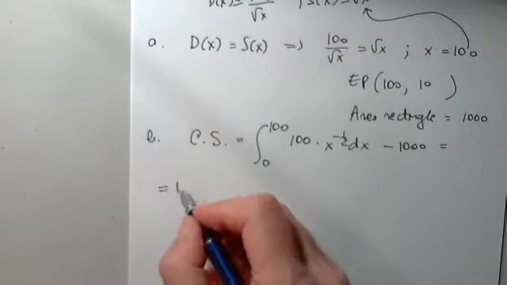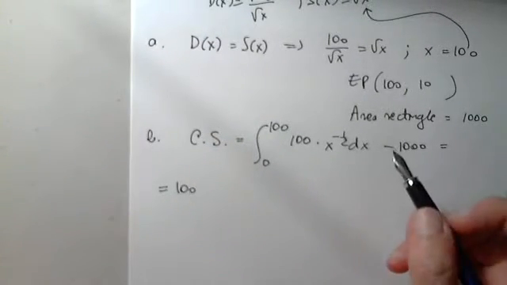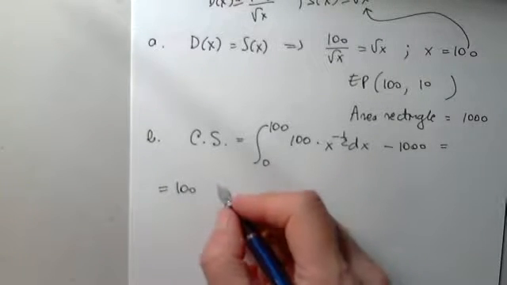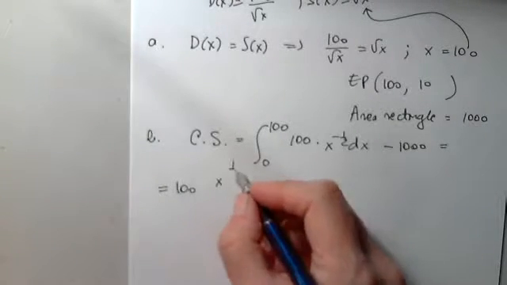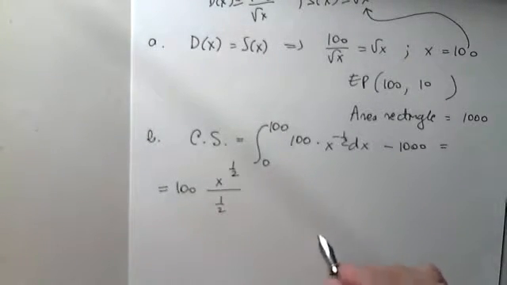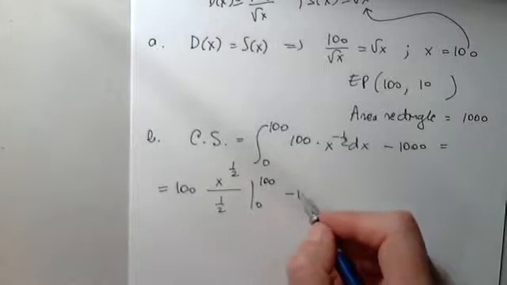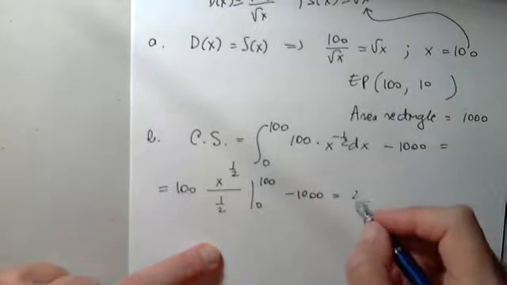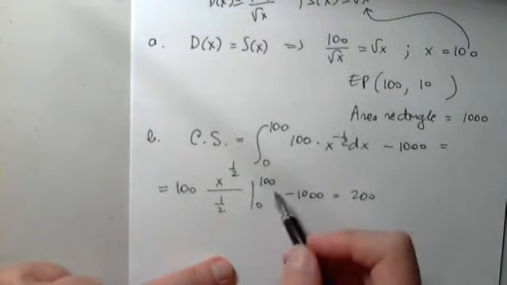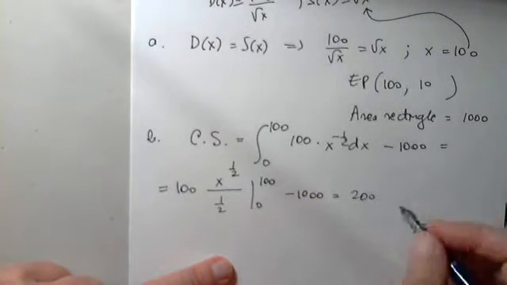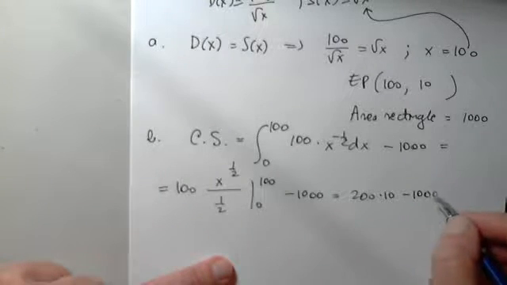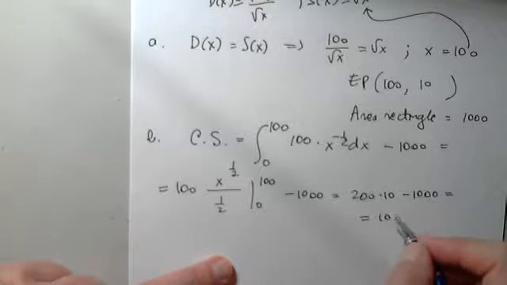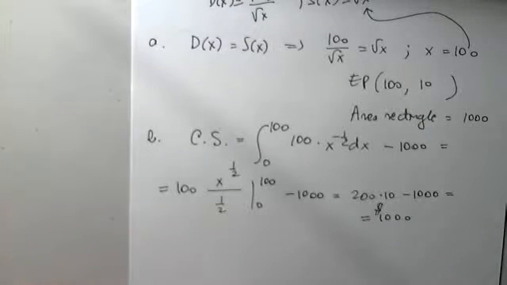So this will be 100 times x to the negative 1/2 plus 1, which is x to the 1/2, over 1/2, from 0 to 100, and minus 1,000. I have to flip 1/2, so this is 200 times the square root of 100, which is 10, minus 1,000. 2,000 minus 1,000 is $1,000.